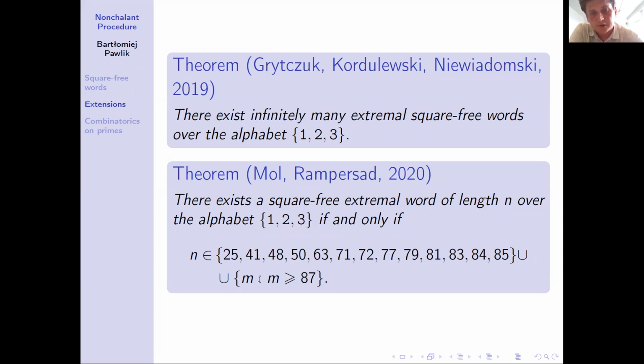In particular, if the length is greater than or equal to 87, then there is an extremal square free word over this alphabet.